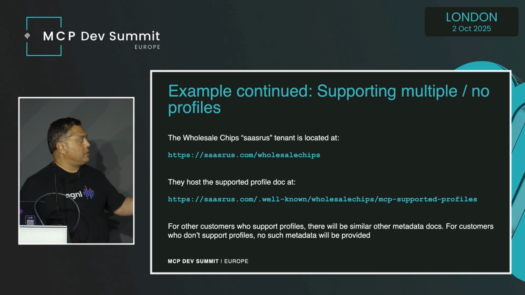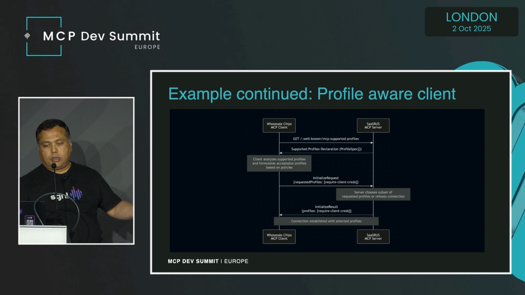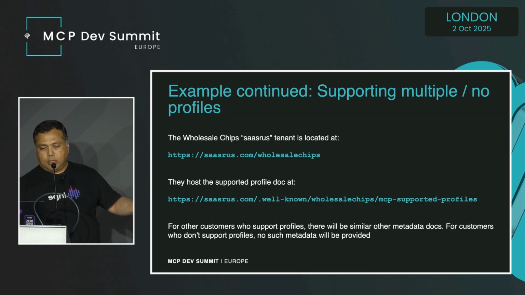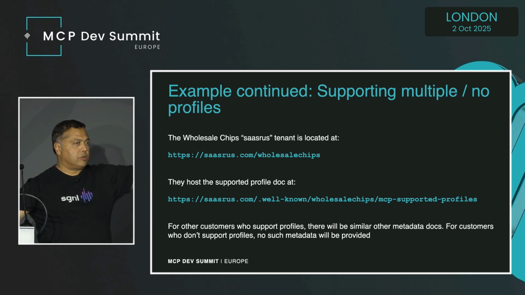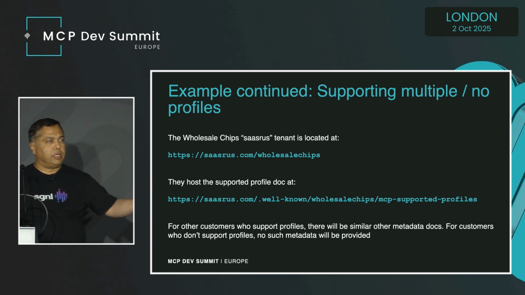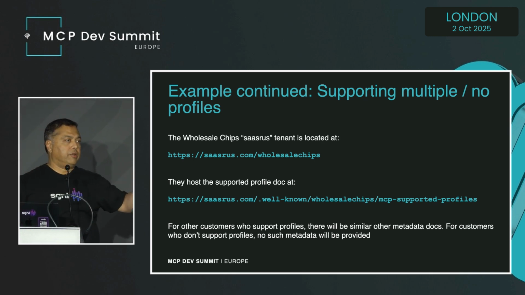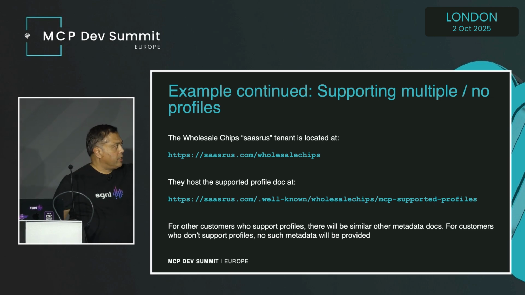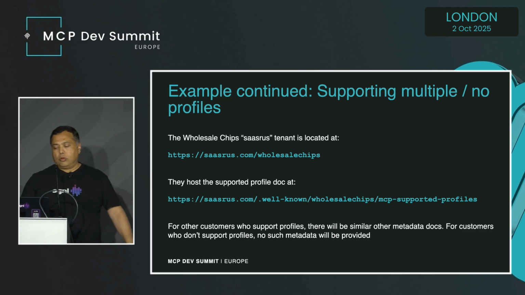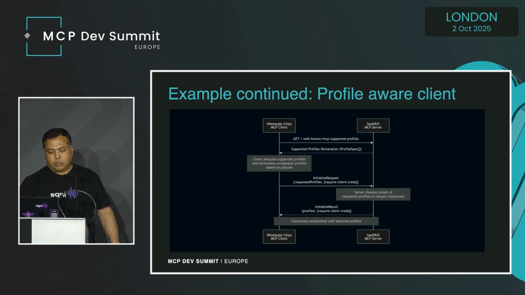And the same thing works even simpler with wholesalechips.saasrs.com, which is another strategy that many SaaS services use, where they give you a subdomain per tenant. You just have that metadata document located at that subdomain, right?